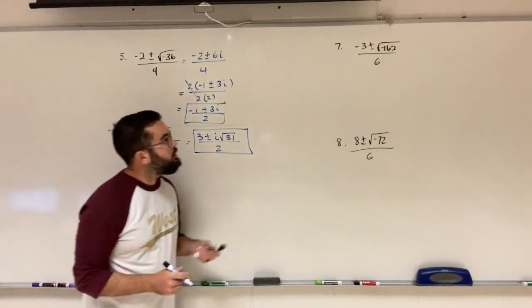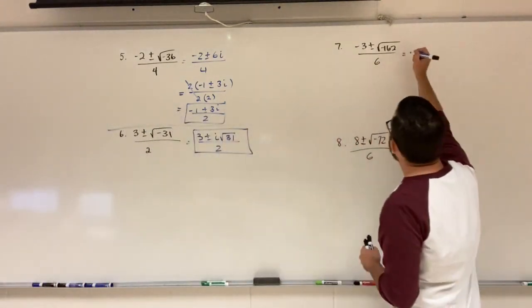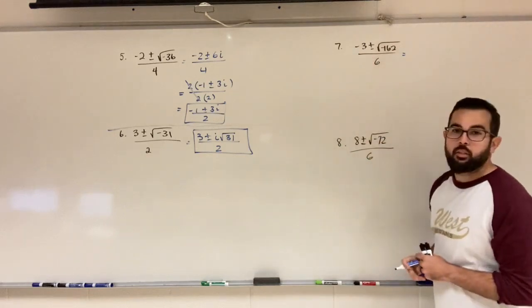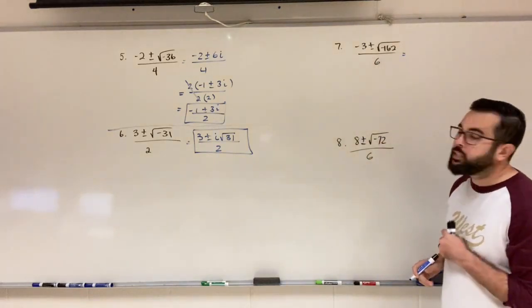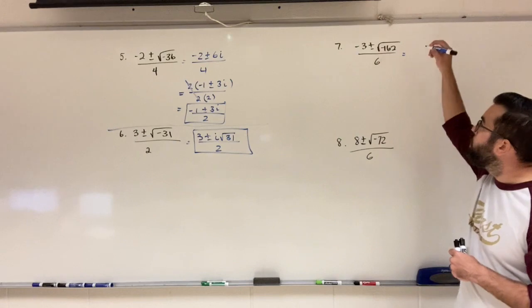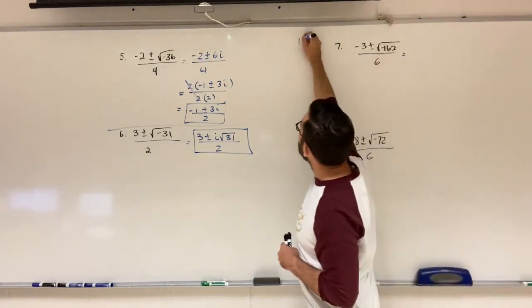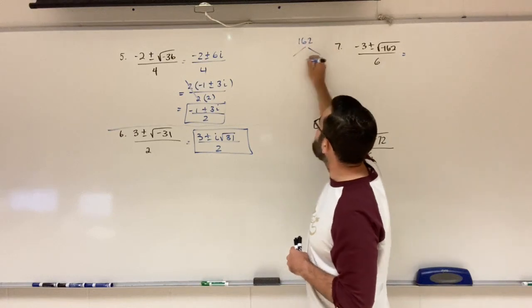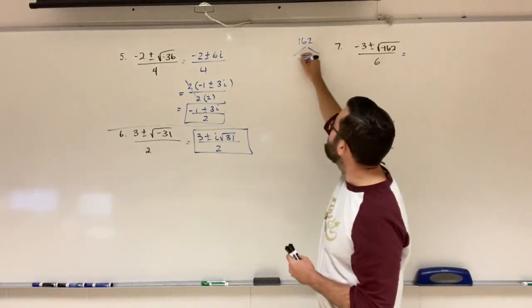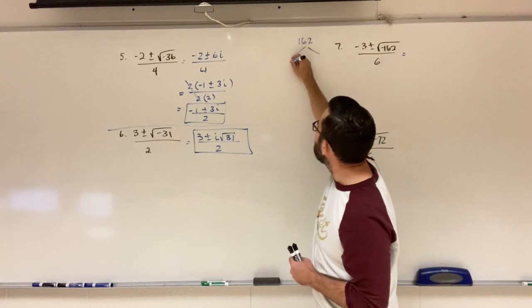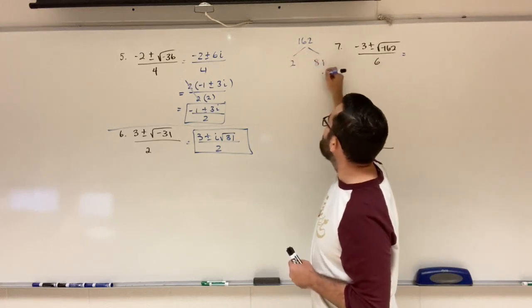All right, next one. I have -3 plus or minus the square root of -162 over 6. So I'm going to start with the square root. So I need to simplify 162, which I think I've done. Maybe not, can't remember. I have 2 times 81.